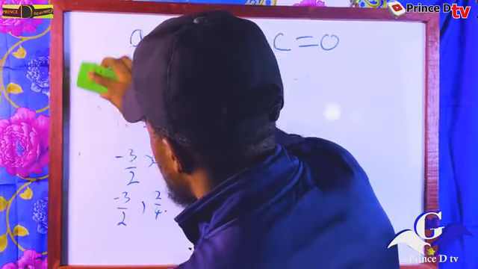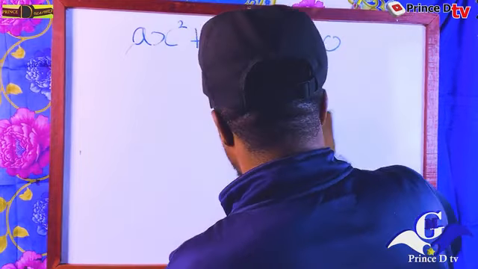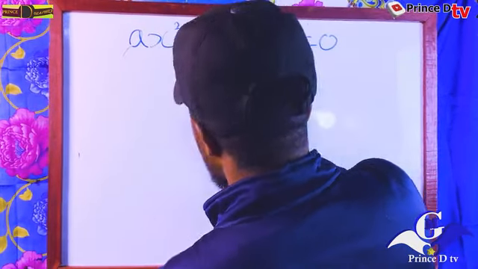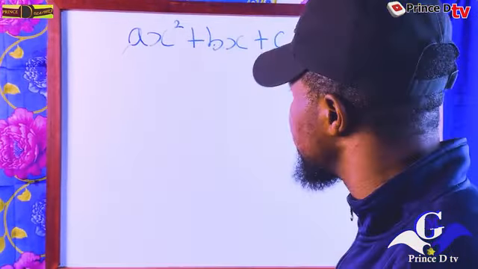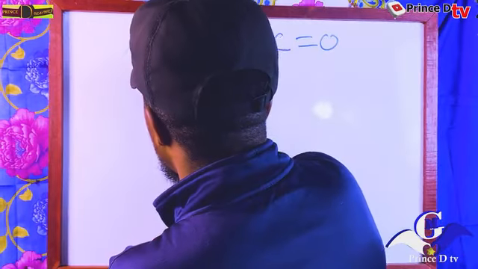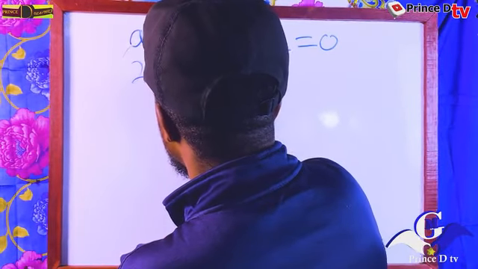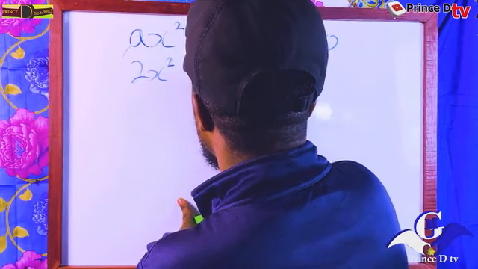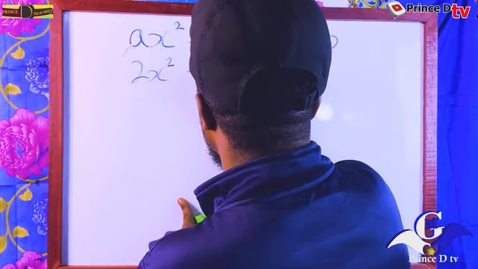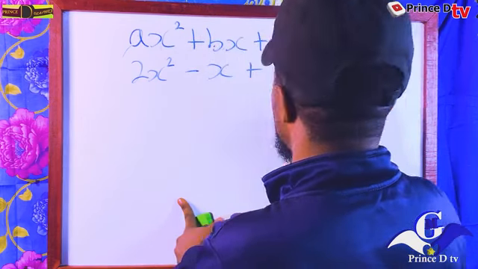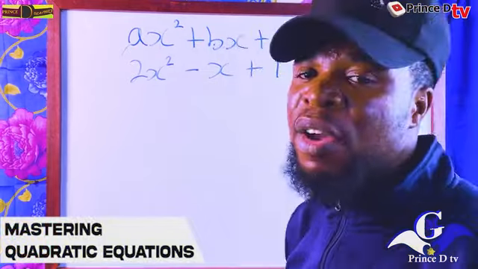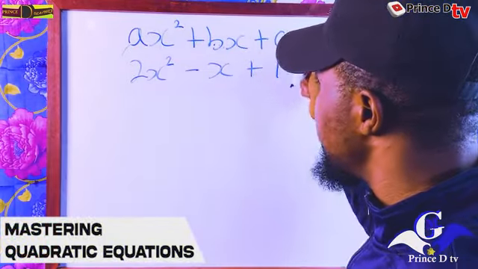to round up this video tutorial on our playlist of mastering quadratic equations, we have something like 2x squared minus x plus 1 equals 0. So this is how you compare. Look at the general form.